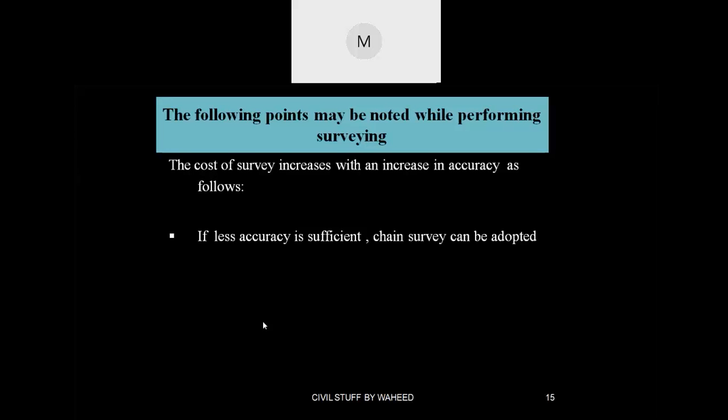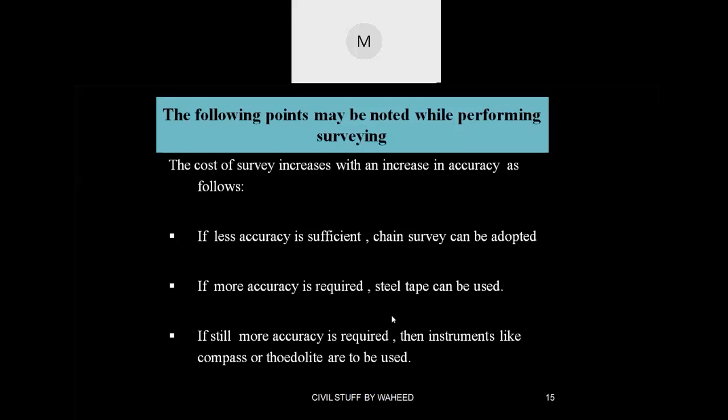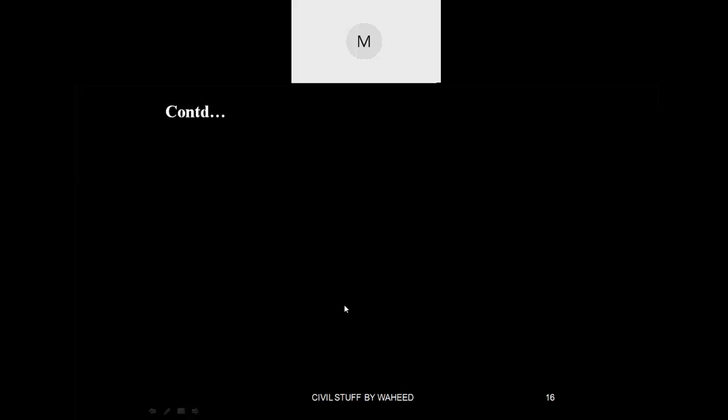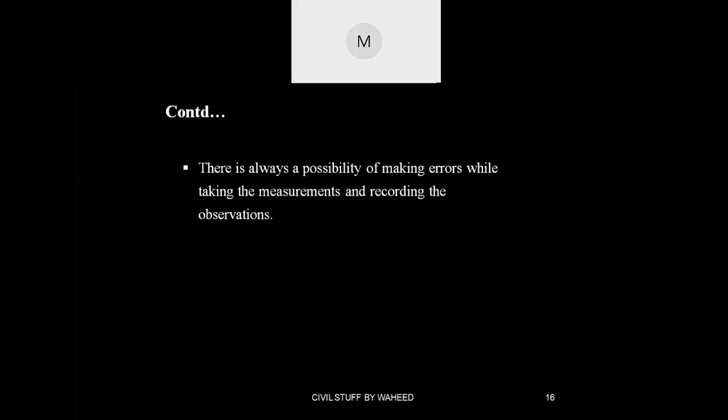As the accuracy of the instrument increases, the cost of the survey increases. If less accuracy is sufficient, chain surveying can be adopted, whereas if more accuracy is needed in linear measurements only, a steel tape can be used. If still more accuracy is required, both linear and angular measurements are to be taken, and instruments like compass and theodolites are to be used.